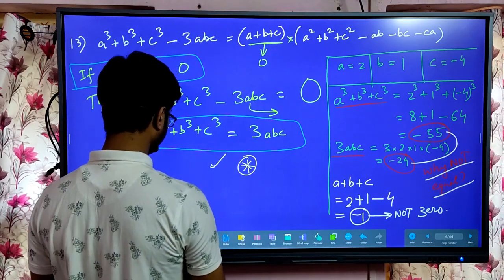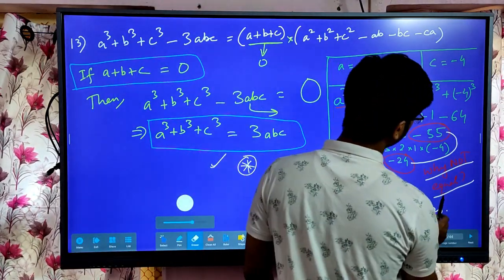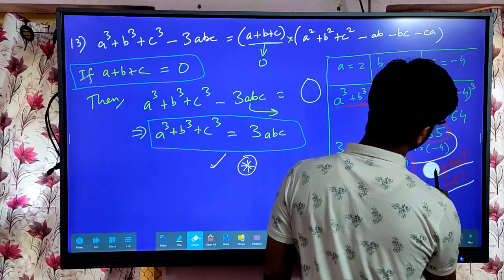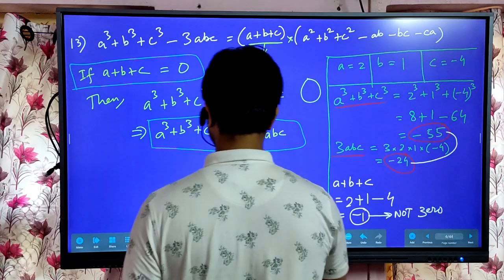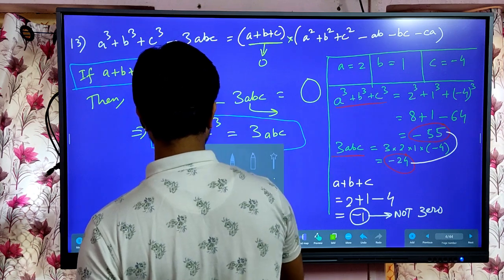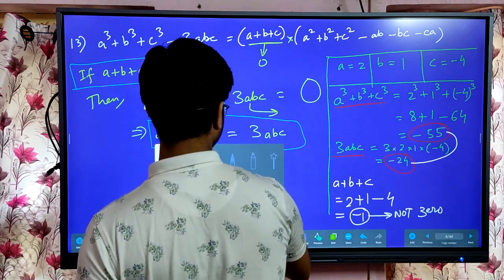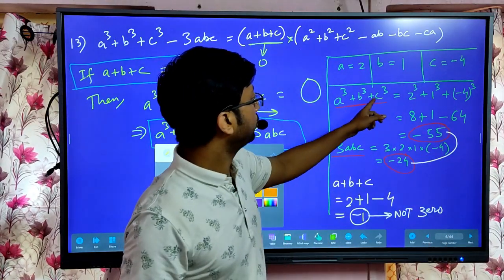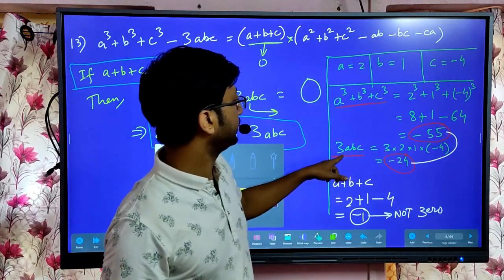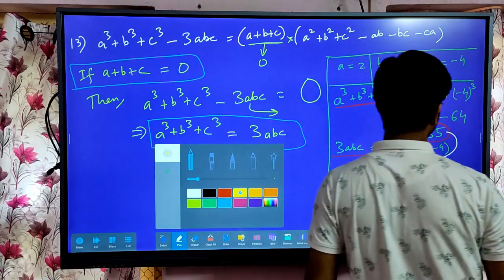Let me write it down. Why not equal? The a cube plus b cube plus c cube value is minus 55 and the 3abc value is minus 24.